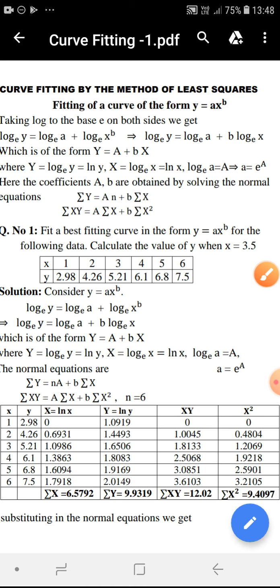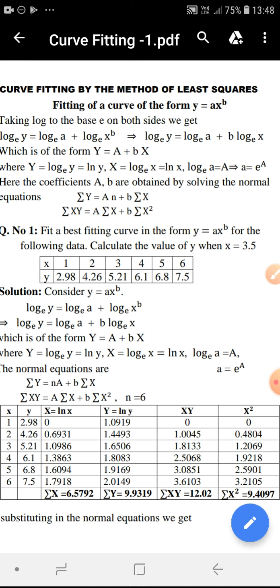Now we solve these two normal equations by calculating summation x, summation y, summation xy and summation x square. By solving these two linear equations in capital A and small b, you get capital A and small b. But we need small letter a.